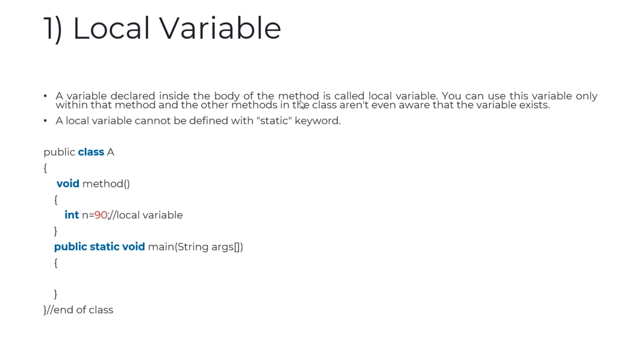Since this method has this variable, it is a local variable. This variable is created when the method is executed, and it's created inside a stack. The local variable is particular to that method only, so another method cannot access that local variable.